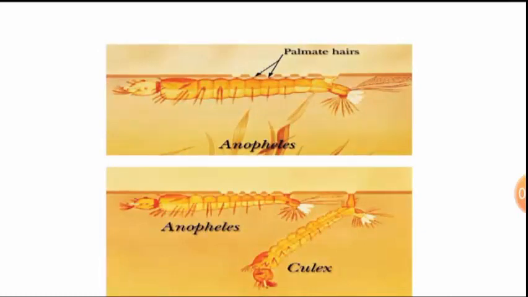This picture shows Anopheles larva and Culex larva. Anopheles larva with palmate hair and parallel to the water surface, while Culex larva has a siphon and is attached to the water surface.